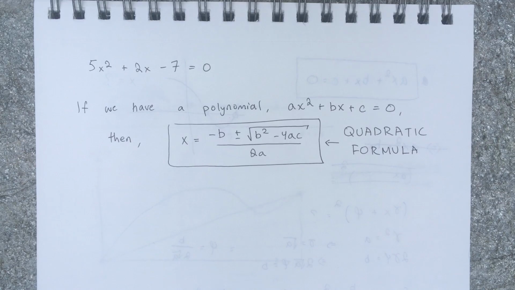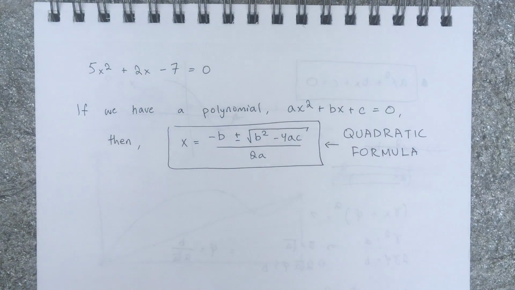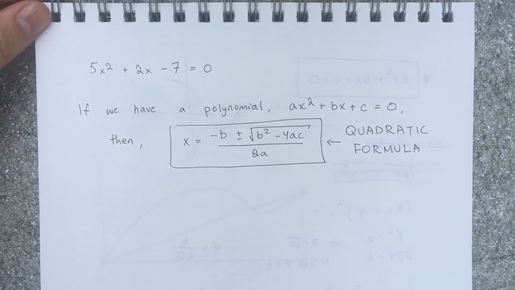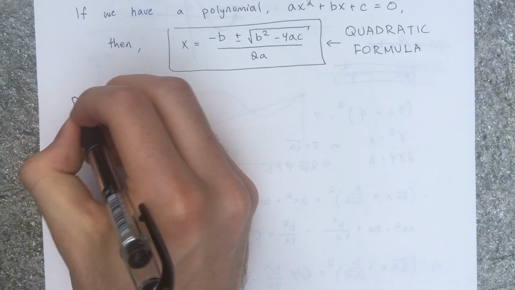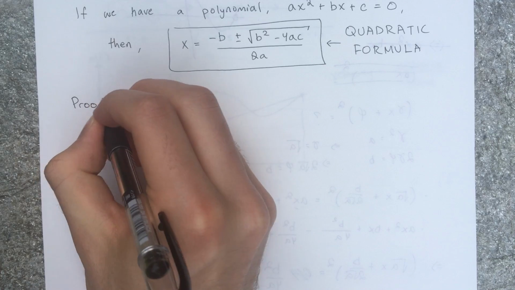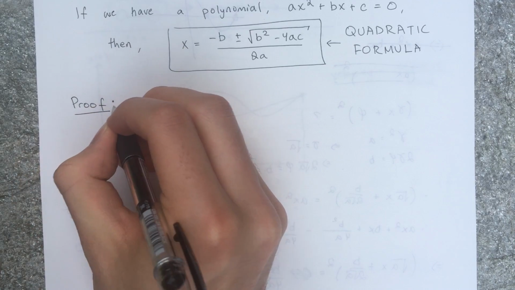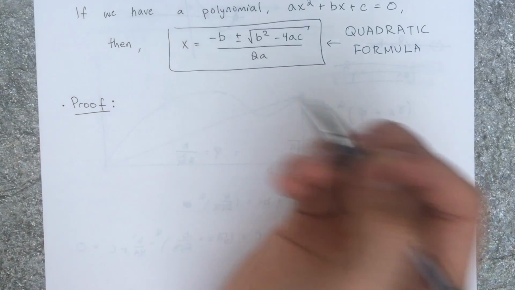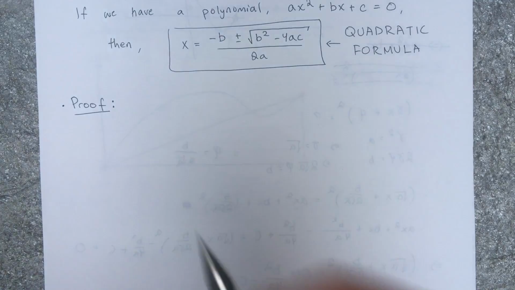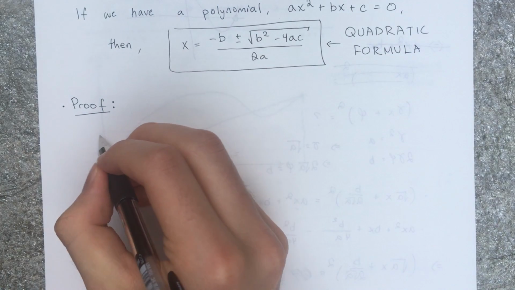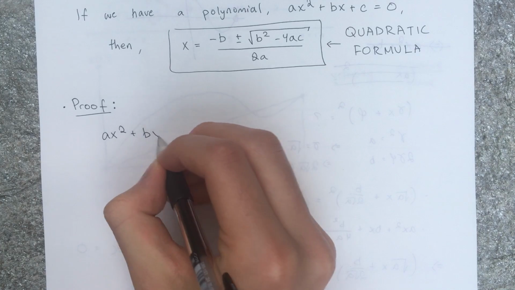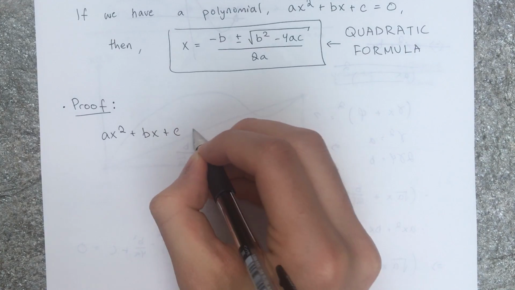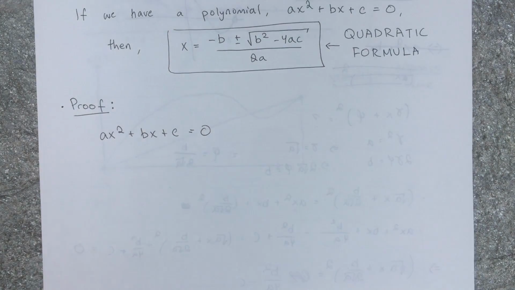Okay, so where does this formula come from? Let's start by doing a proof on it. So first we have ax squared plus bx plus c equals 0.